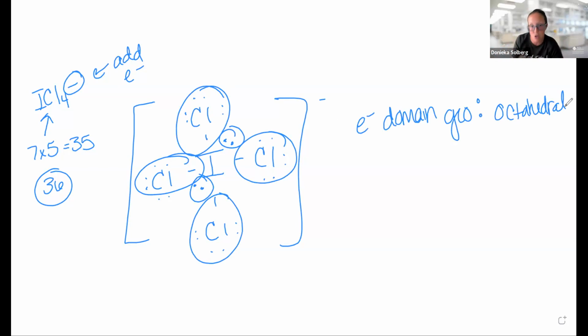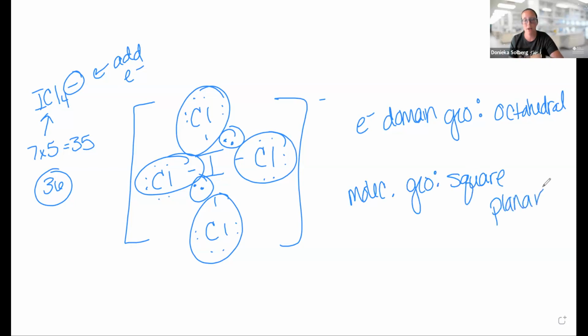So this is 2 electron pairs and 4 bonded atoms, which means my molecular geometry, the thing I actually see, is square planar. So in this case, my electron domain geometry and my molecular geometry are different because of those dots on the middle.